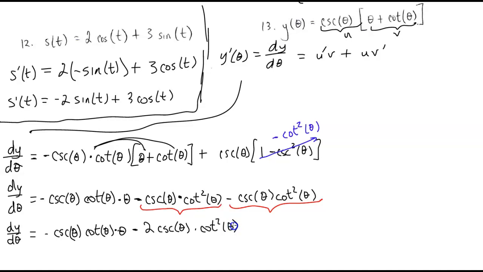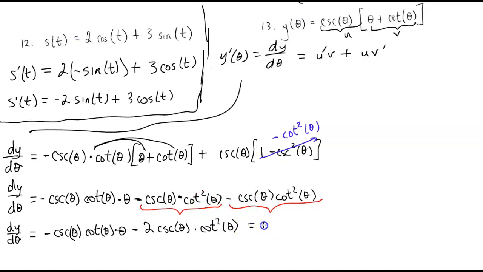And so now at this point, notice that both terms have in common a cosecant theta and a cotangent theta. This term has a minus cosecant theta, cotangent theta. This term has a minus, a cosecant theta, and 2 cotangent thetas.